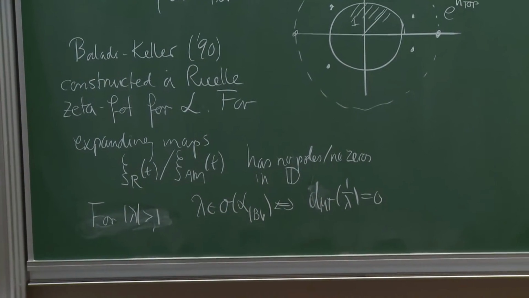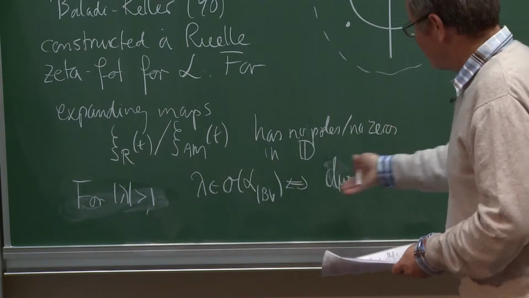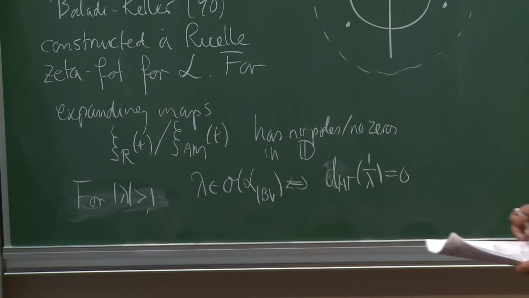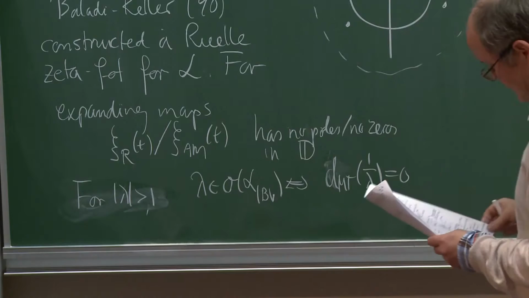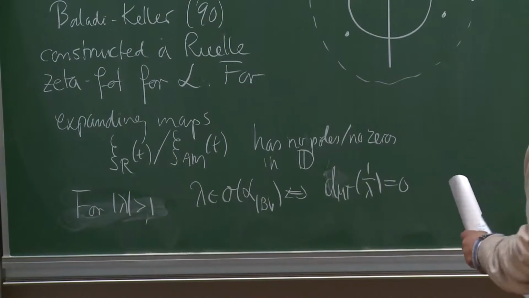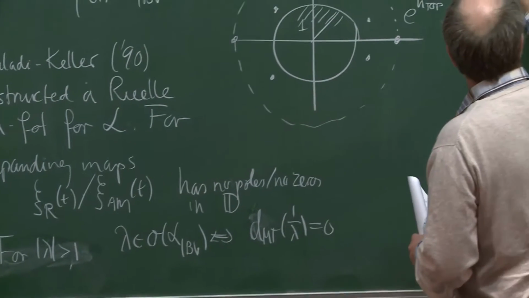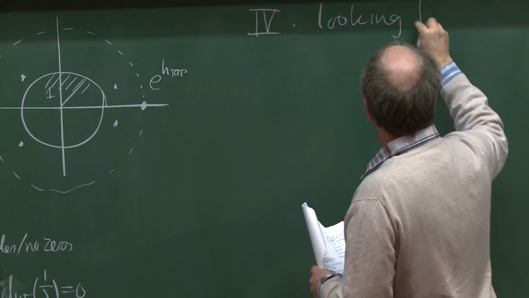Now, this obviously indicates that there's some relationship hidden here between what this operator is doing and what this Milnor-Thurston determinant is doing. The operator, recall, is using, in principle, backward iterates of the map, and Milnor-Thurston are using forward iterates of the map. So it's a bit strange, actually. So, looking for dualities.